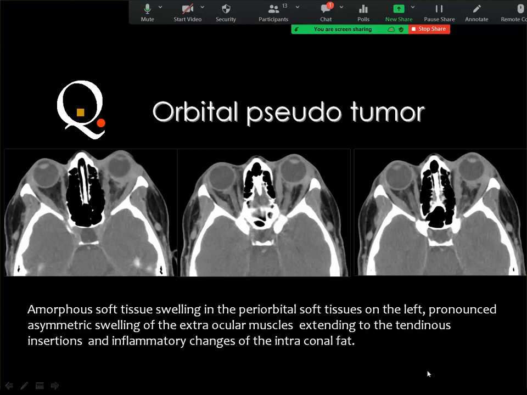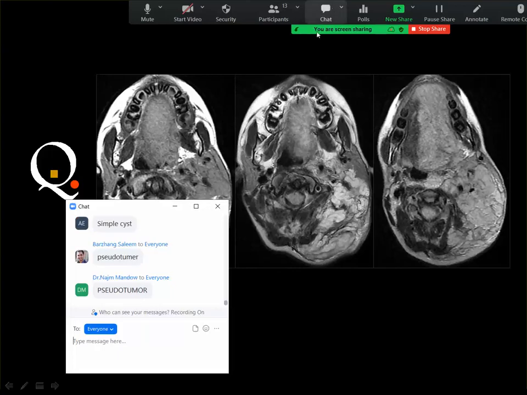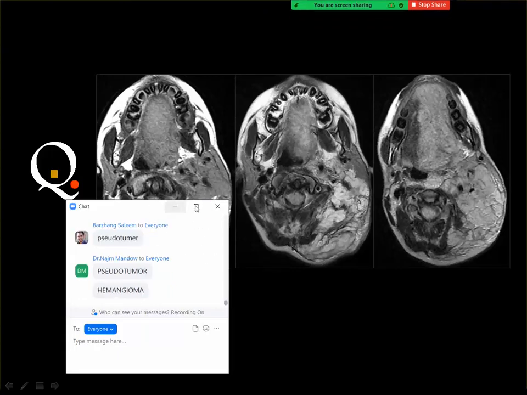Next case is an MRI of the upper neck in the T1, T2, and the post-contrast T1 weighted images. Hemangioma, this is not the signal of hemangioma in the T2.